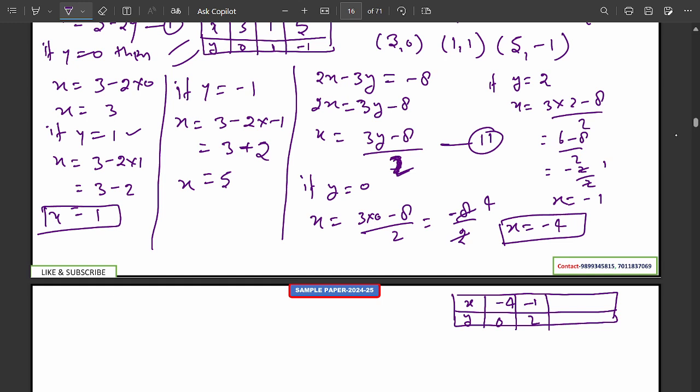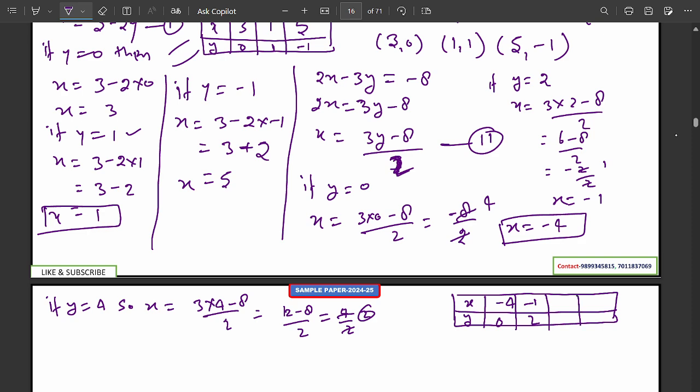Same as it is, suppose y is equal to 4. If y is equal to 4, then x is equal to (3 multiply 4 minus 8) over 2, so it is (12 minus 8) by 2, so 4 by 2, 2.